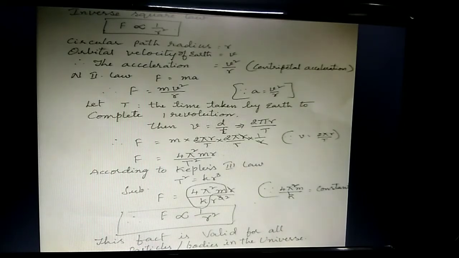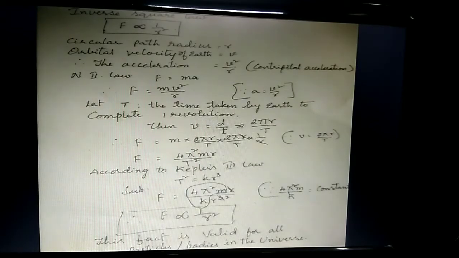This fact is valid for all the particles or objects in the universe. This is called Newton's inverse square law, the second part of universal law of gravitation, or Newton's law of gravitation.